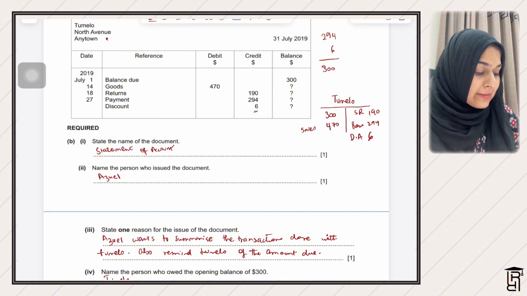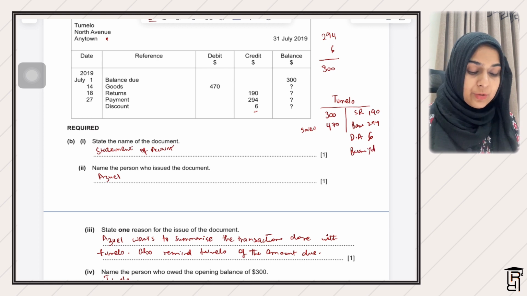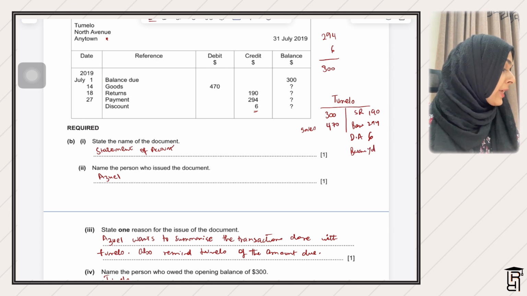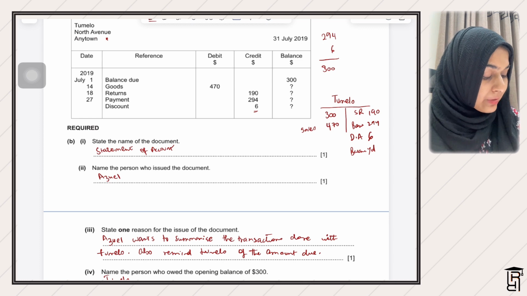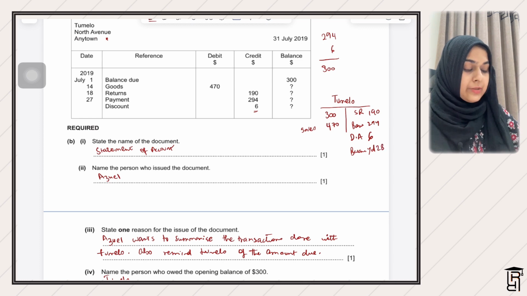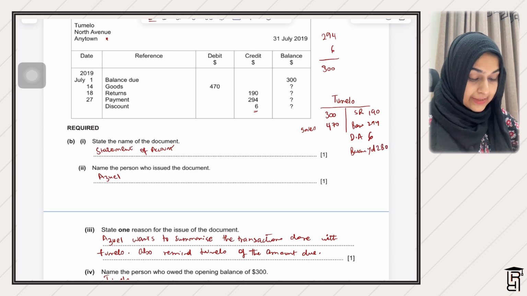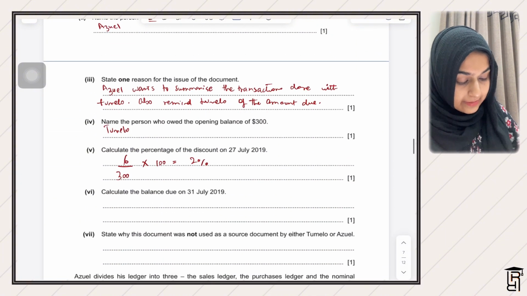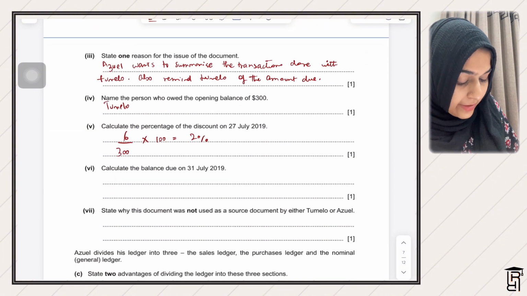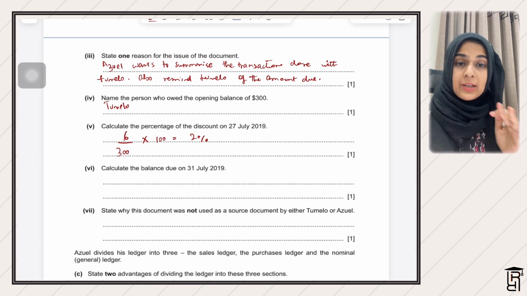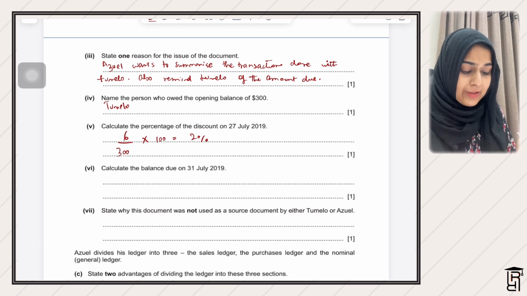So there will be a balance carried down now. The balance carried down will be the ending balance, which is due on 31st July. The balance due on 31st July will be $280. So that is for this part. You should show the calculation, ideally show everything here.